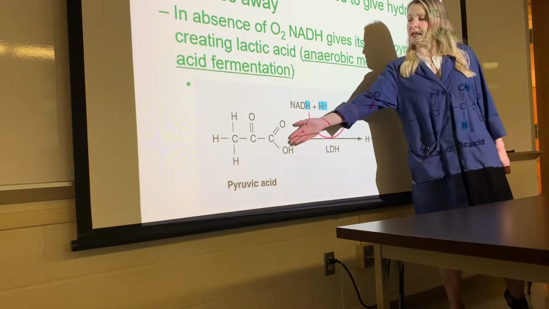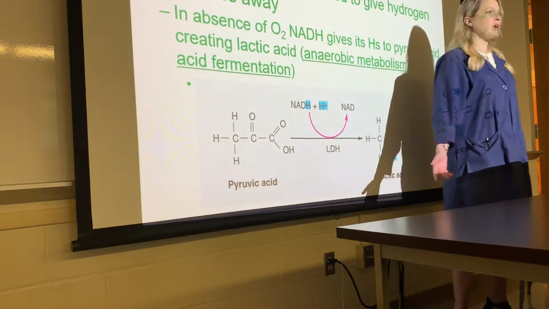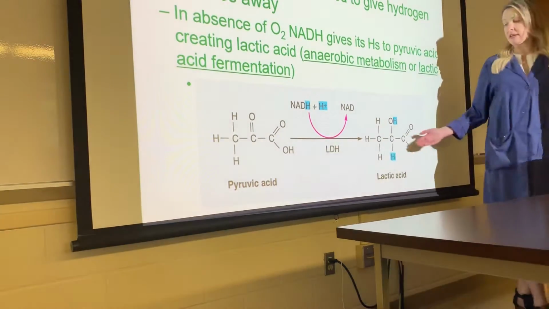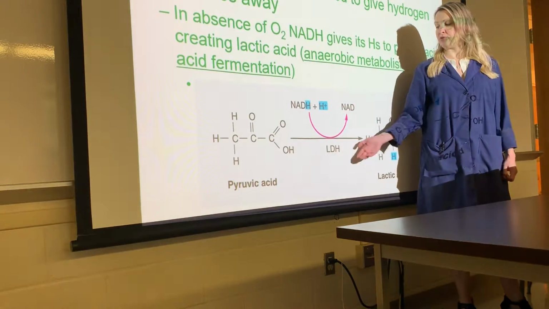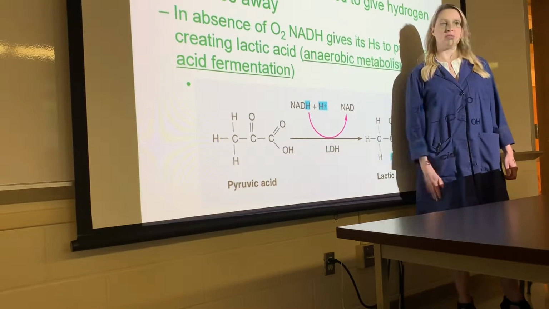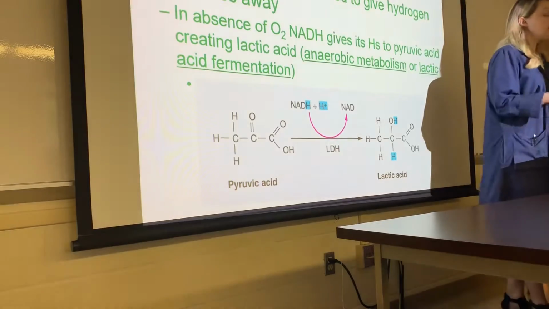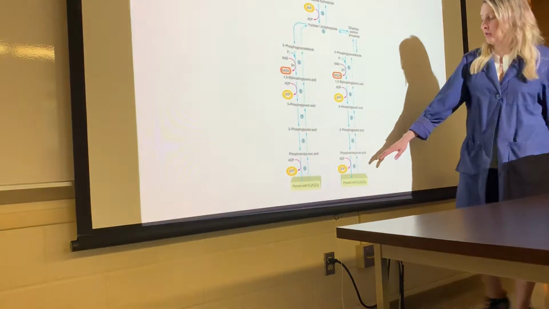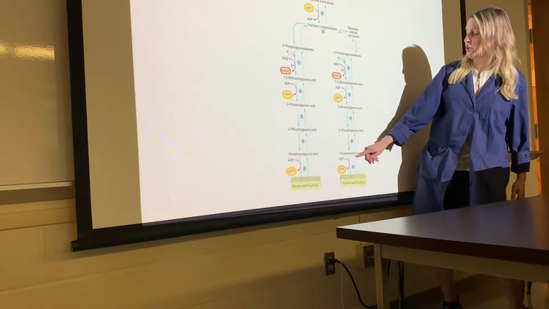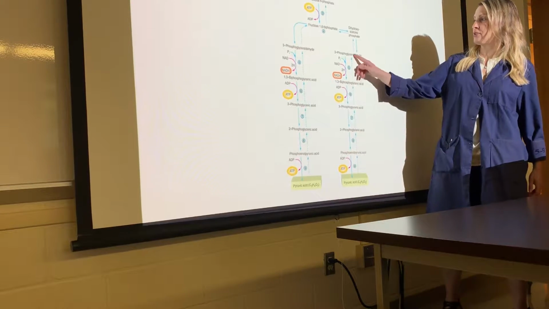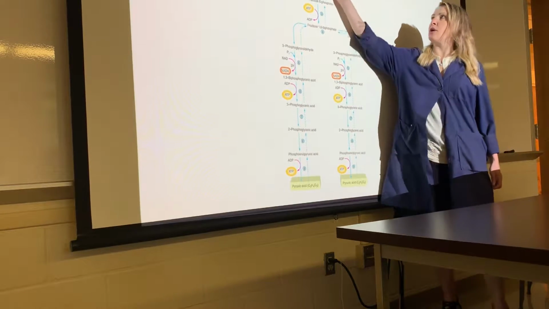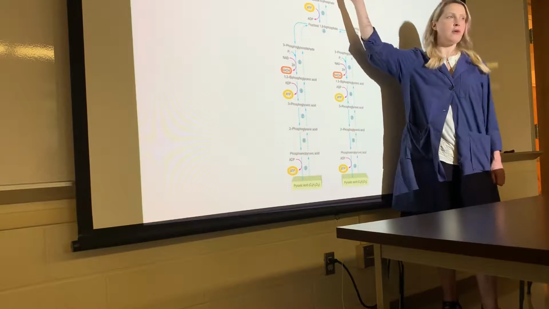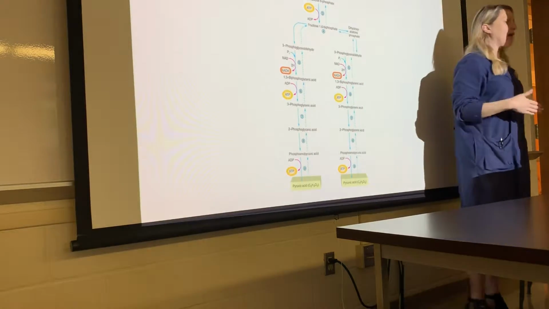Pyruvic acid has lost those electrons in the hydrogen, so we oxidize lactic acid back to pyruvic acid. In the process, we reduce NAD to NADH plus H. Then what happens? We go all the way back. See the dotted blue arrows here that are going the other way? We go all the way backwards through the glycolytic pathway.